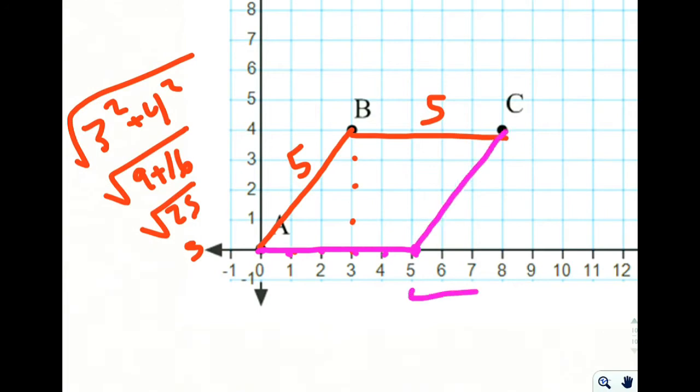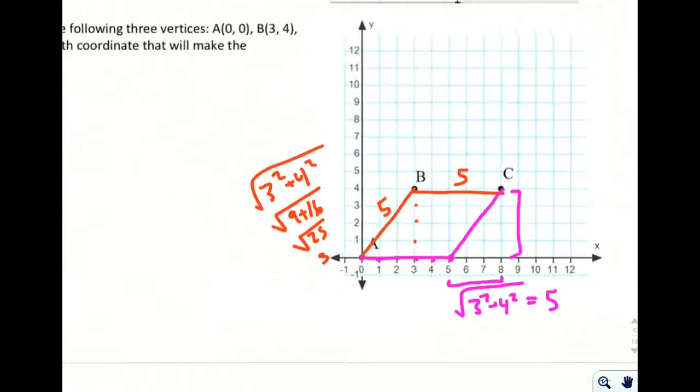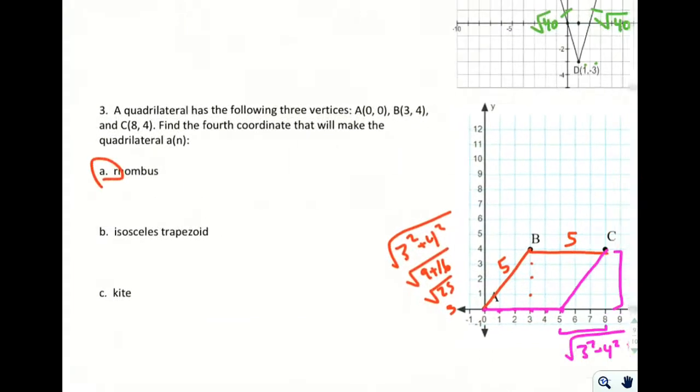We have a distance of 3 and a distance of 4, and we know that 3 squared plus 4 squared, square rooted, as we proved over to the left, is going to be equal to 5. So all 4 of those sides would be 5, which is what we want. So the coordinates here would be 5 over, 0 up. 5, 0.